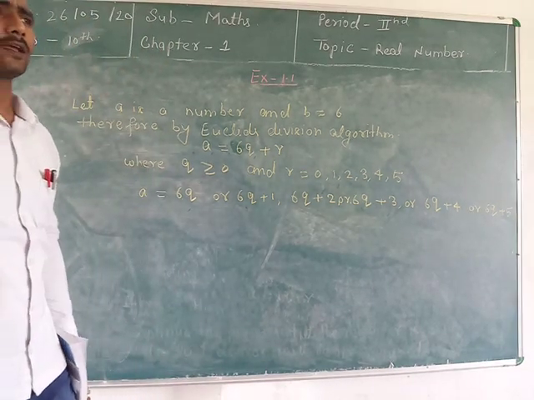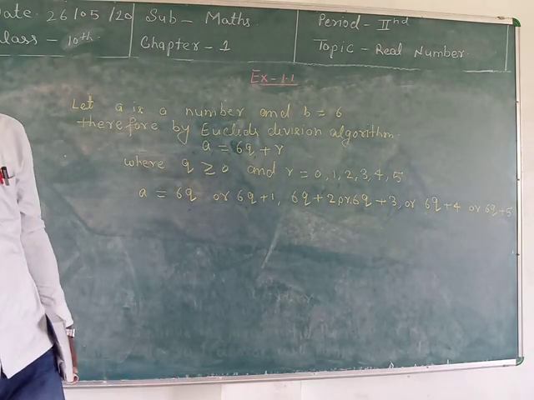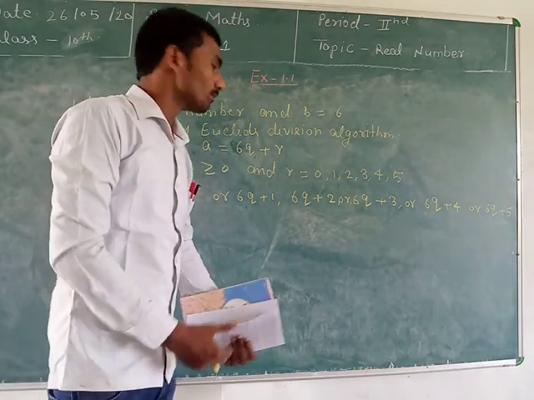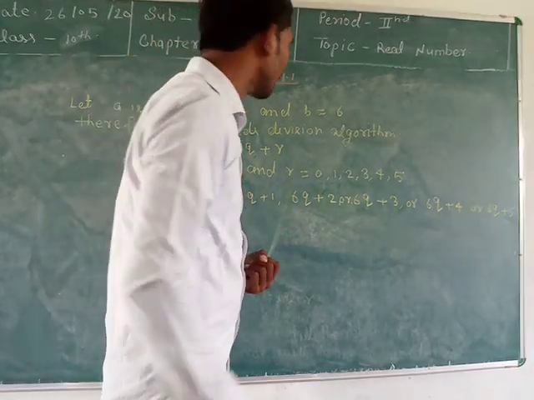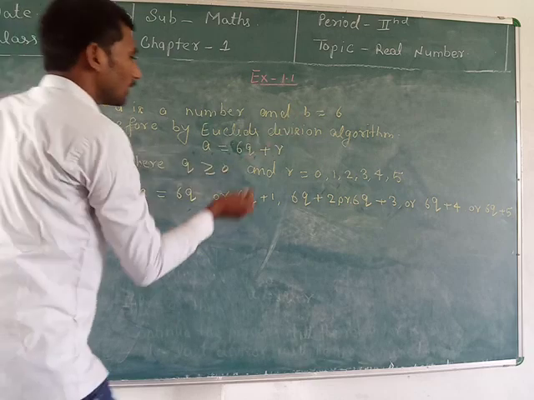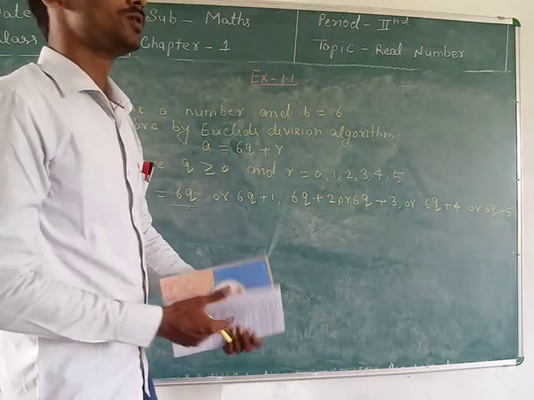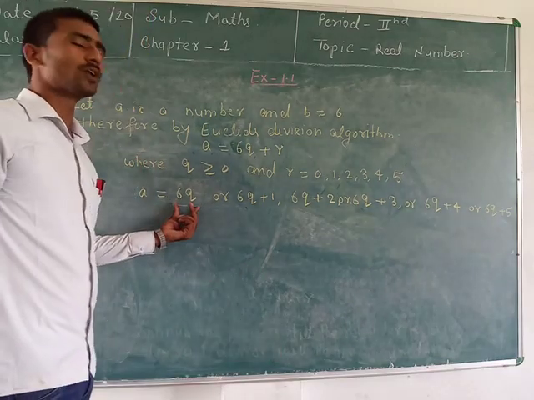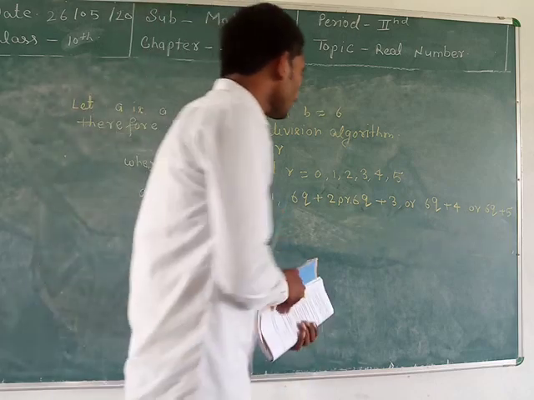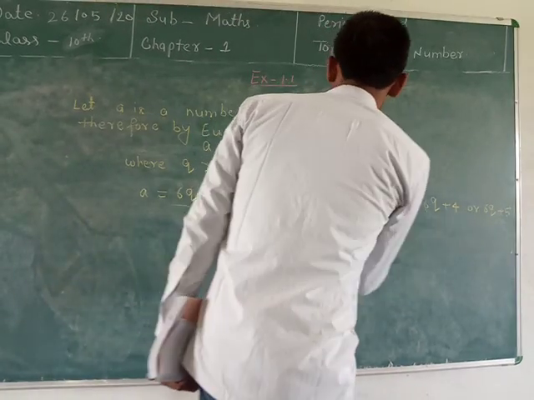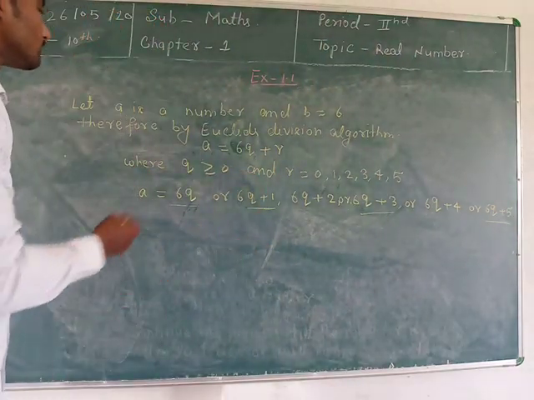We know that a number which is not divisible by 2 is an odd integer. Numbers which are not divisible by 2 are odd numbers. Any multiple of 6 is an even number, so it will be divisible by 2. Therefore 6q plus 1, 6q plus 3 and 6q plus 5 we have to check.